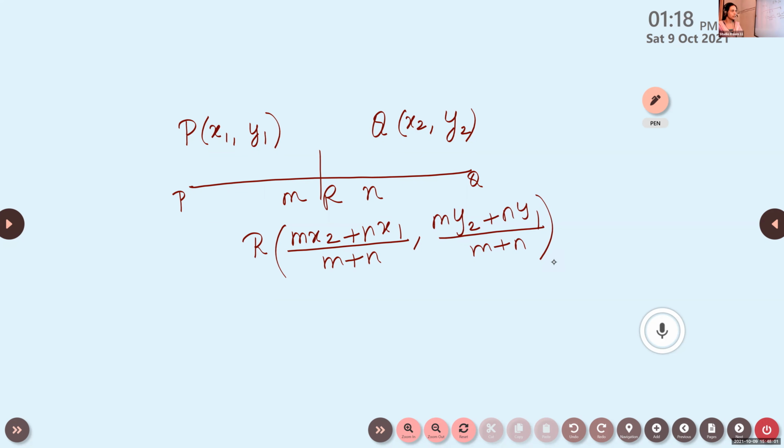Similarly, for the y coordinate, it is my2 plus ny1 by m plus n. So this is the point of division.